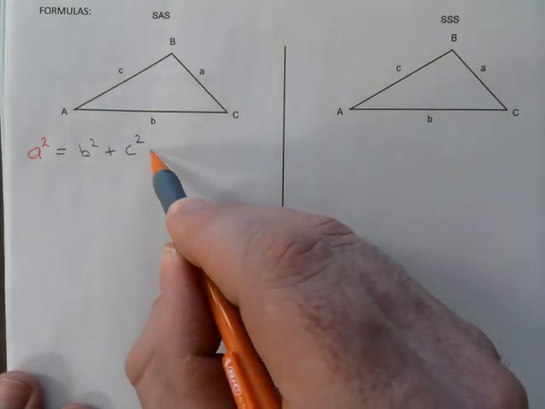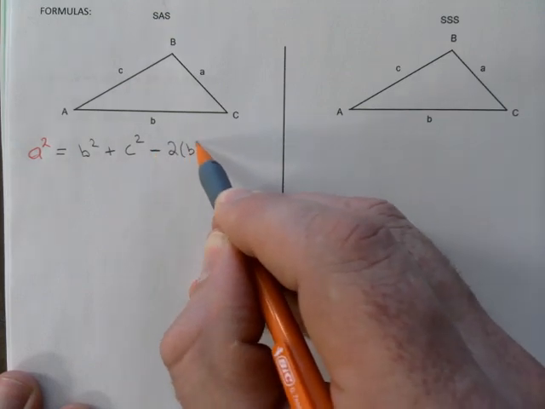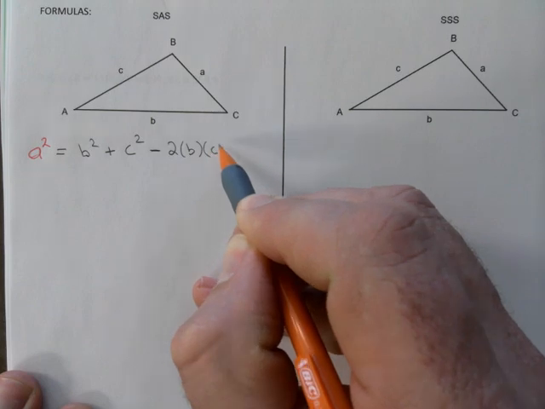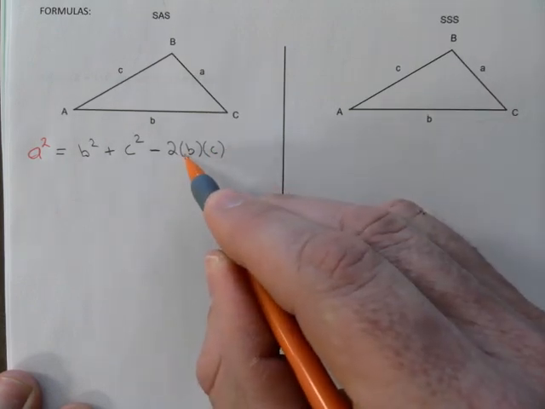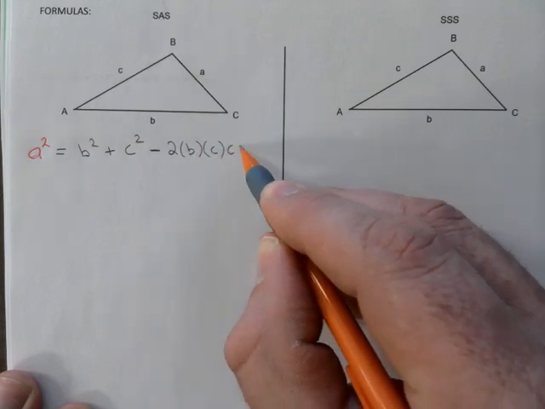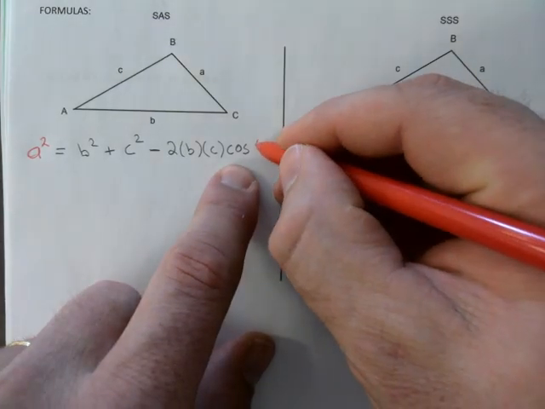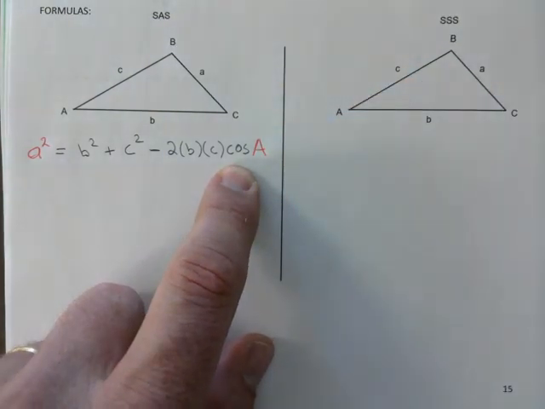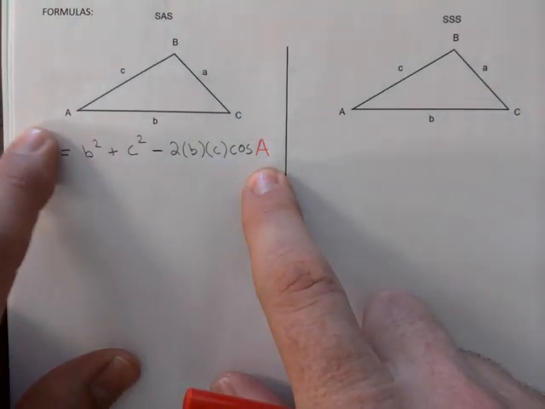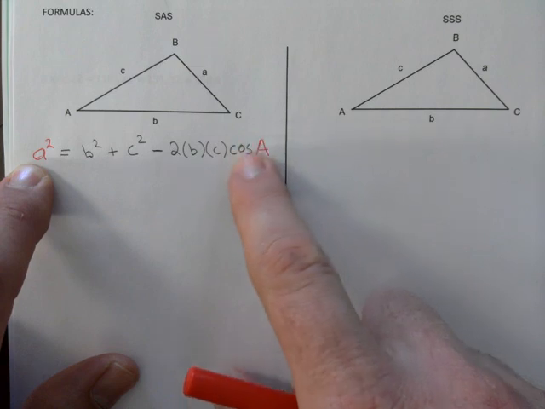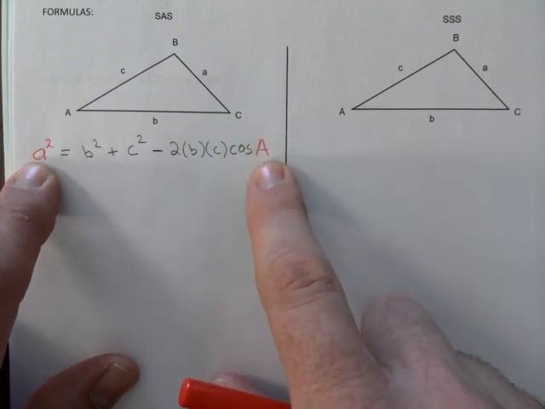Watch this. Then you go minus 2 times B times C, and this is all multiplying, guys, times cosine, and this is where the other color comes back, angle A. You see why I'm using red? If you're trying to solve for side A, you better have the angle across from it here. That's how that works.